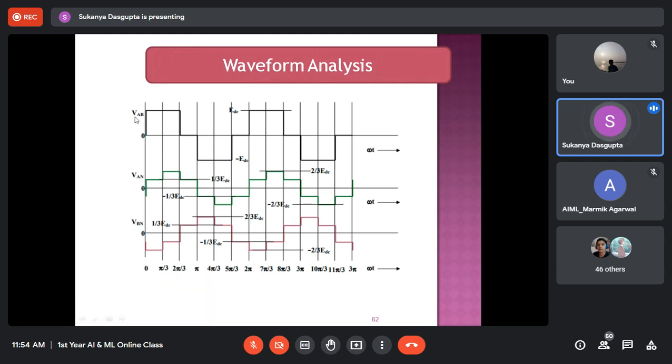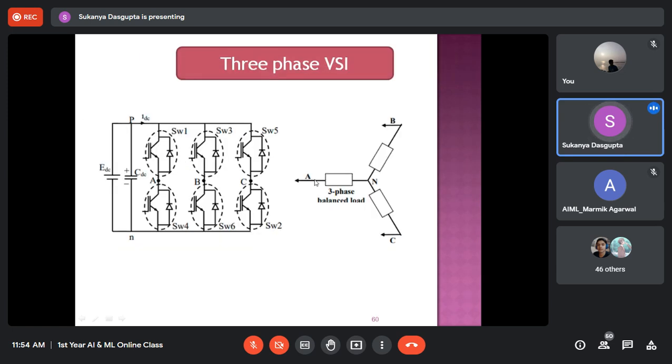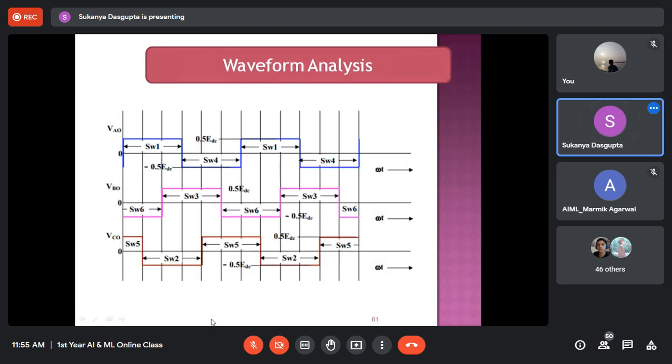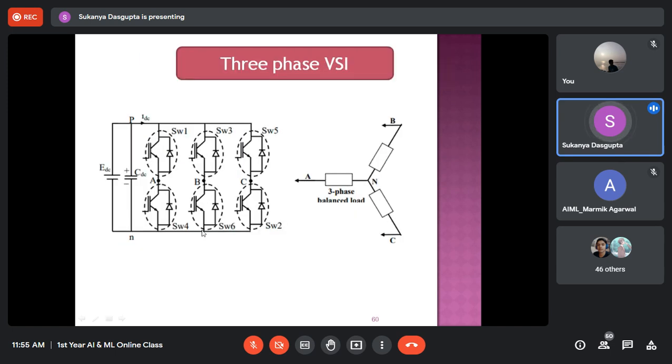Now this VAB is the line voltage. Line voltage means the voltage between these two lines, or these two, or these two. And this green colored waveform is VAN, that means the phase voltage waveform between phase A and neutral, VAN.